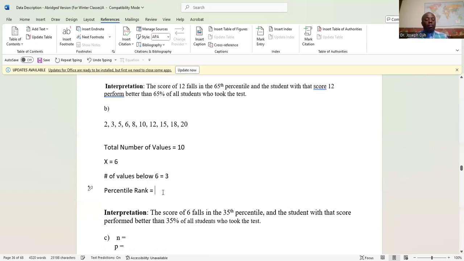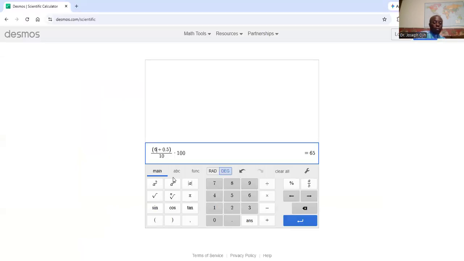So the percentile rank becomes 3 plus 0.5, divided by 10, because there are 10 of them, times 100. I can just go there and change the 6 to 3, and it will give me the answer right away. 35.